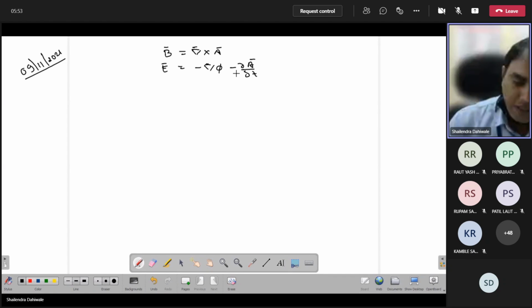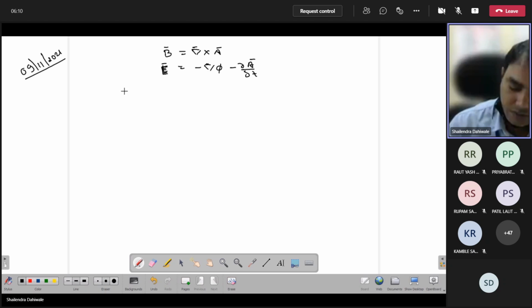And our intention was to, using this B and E, get the potential. So what is the potential for a particle moving in an electromagnetic field?